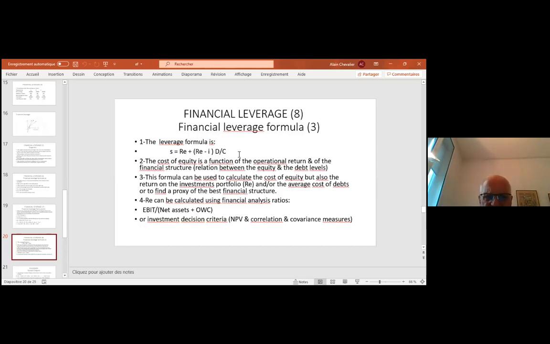So, you have different ways to go through. You don't find exactly the same results, of course, because you don't use the same data, they are not based on the same hypotheses, they are not calculated the same way at the same point in time, and so on. But we have good proxies which are generally not so far one from the other.